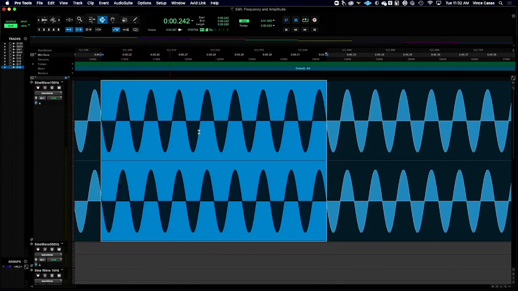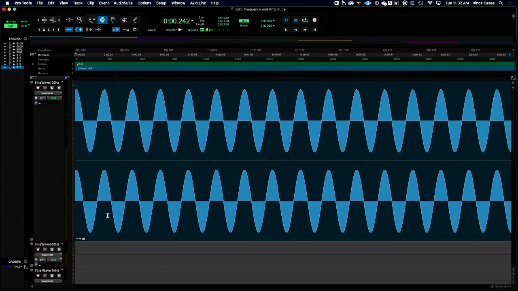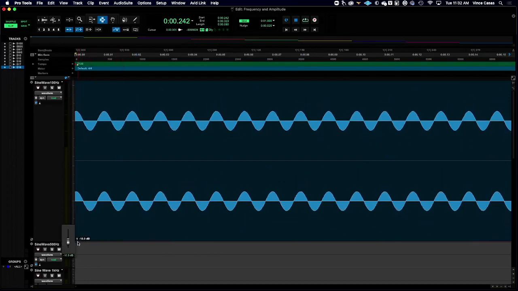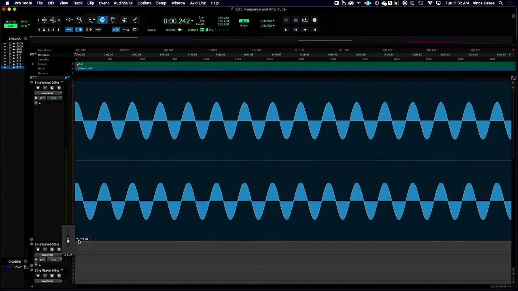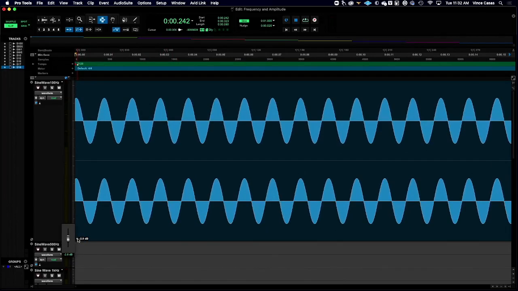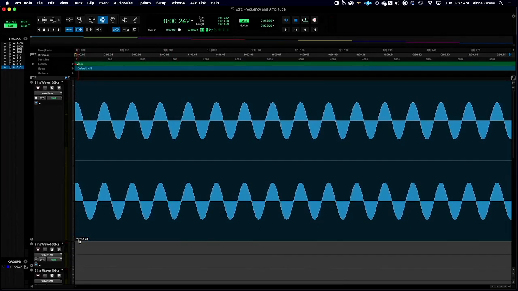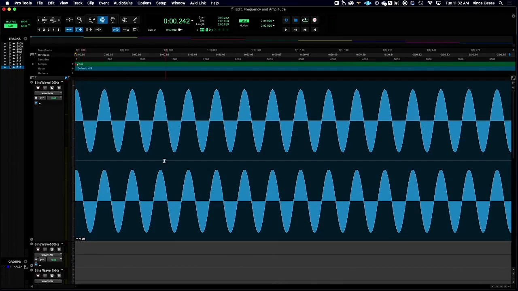The horizontal is our frequency when we look at the waveform, and the vertical that we see up and down is our dynamic. This up and down, highest peak, lowest trough, these are our volumes or our amplitude, and the amplitude tells us how loud these waveforms have been recorded.